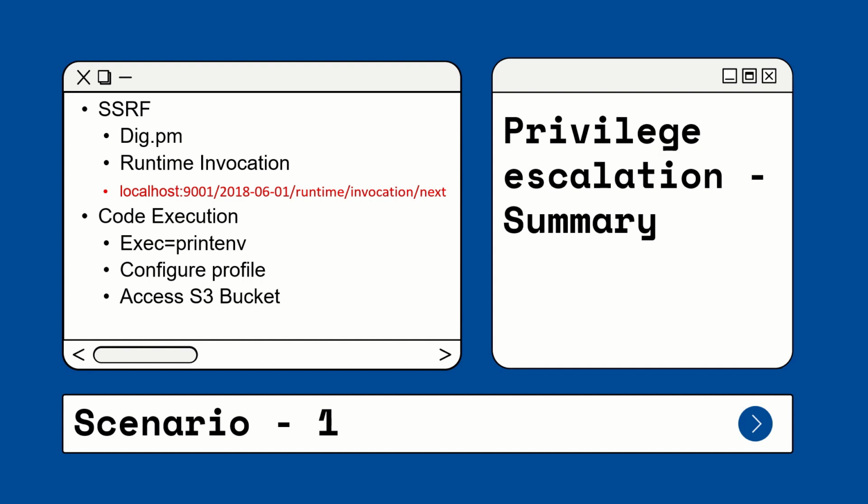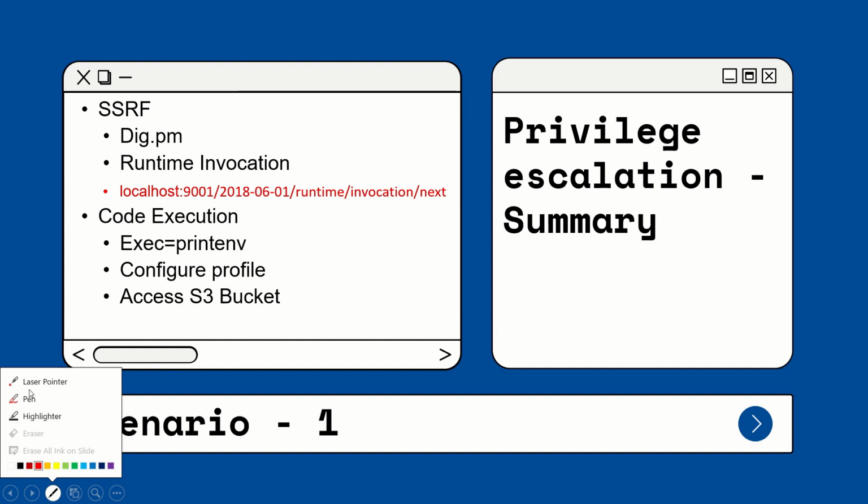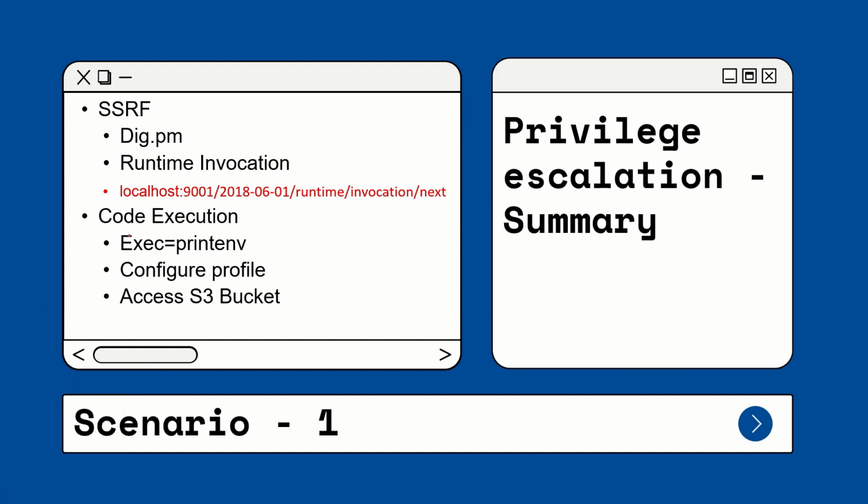This is the endpoint that we passed on the URL parameter and got the details about the event. For the RCE, we saw the catalog URL where the current date and time was displayed. We passed printenv on the execution parameter to get the environment variable details.